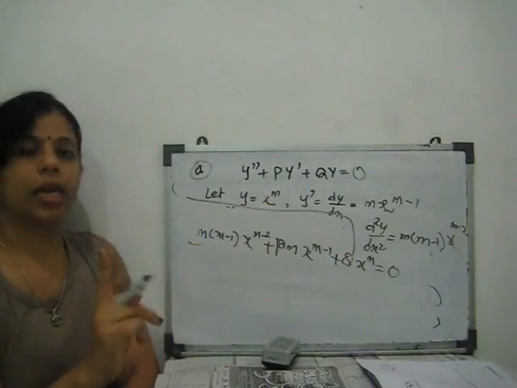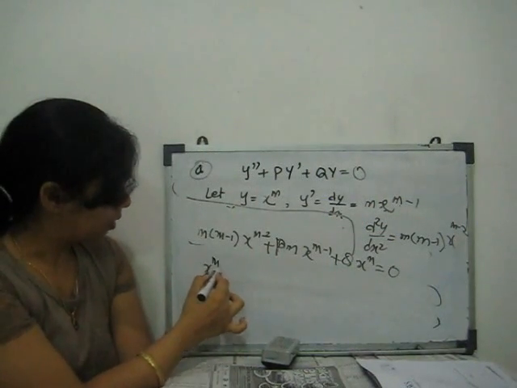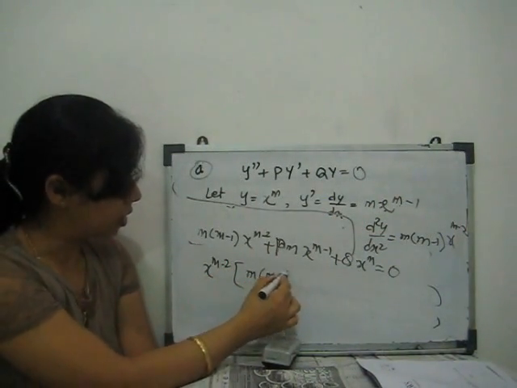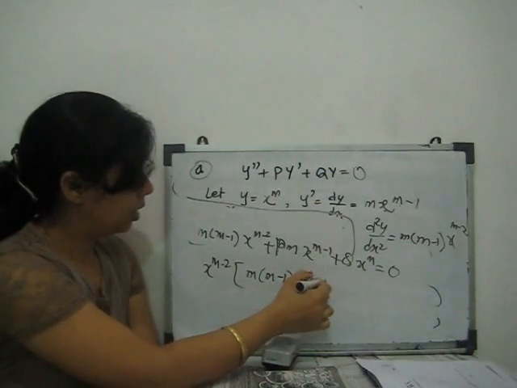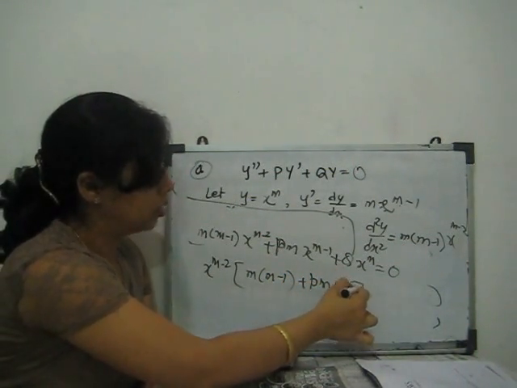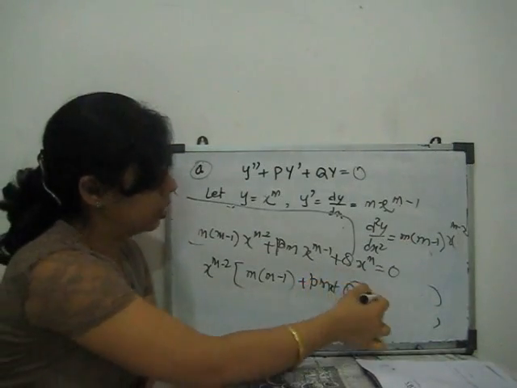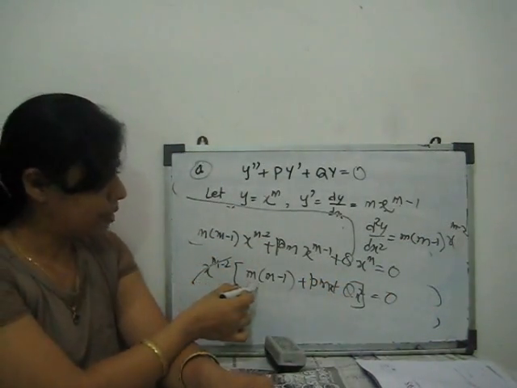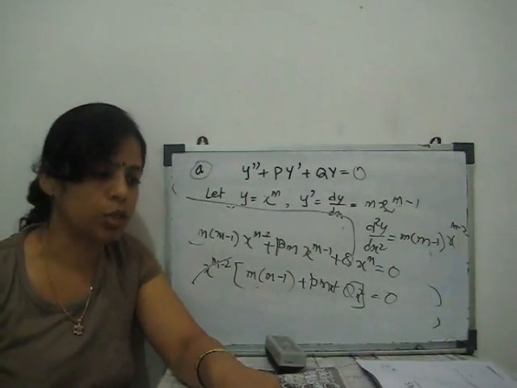If we take x to the power m minus 2 common outside, then our equation becomes m into m minus 1 plus p m x plus q x square equal to 0. Clear? This goes to 0. So with this we find the conditions.